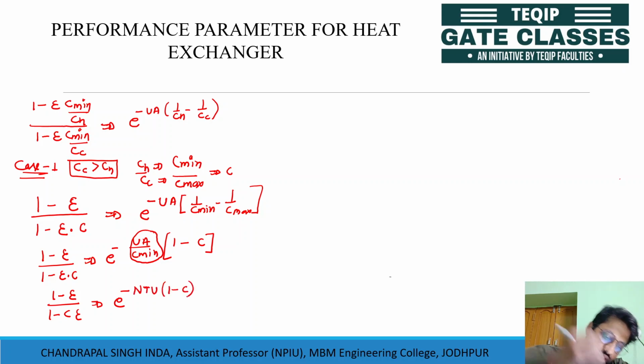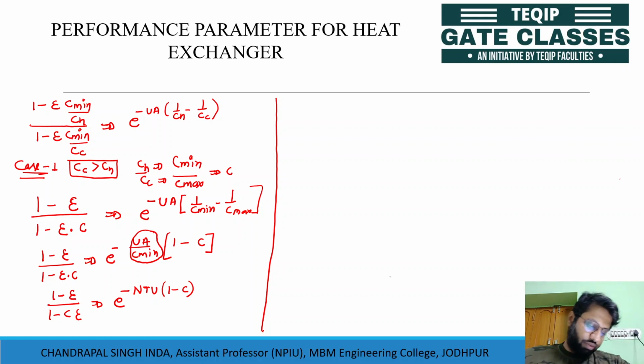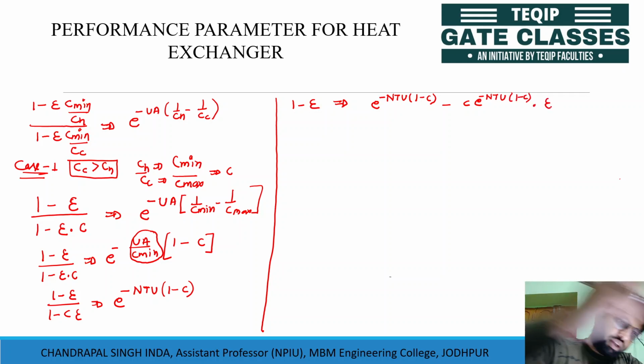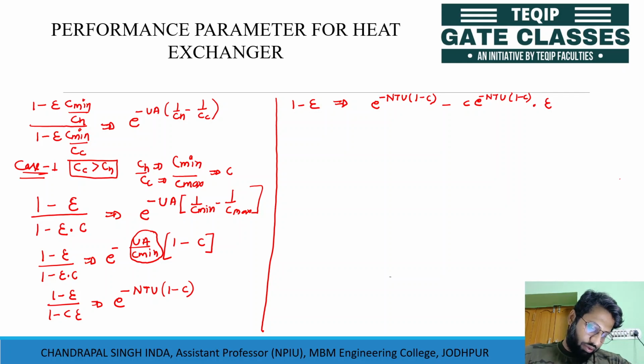So from this, to find the value of effectiveness, we will have 1 minus effectiveness equal to e to the power minus NTU (1 minus C) minus C e to the power minus NTU (1 minus C) multiplied by effectiveness.